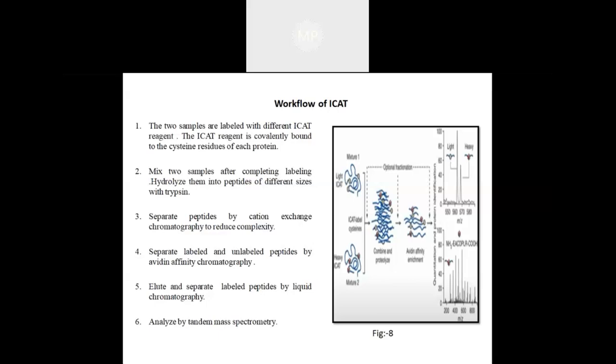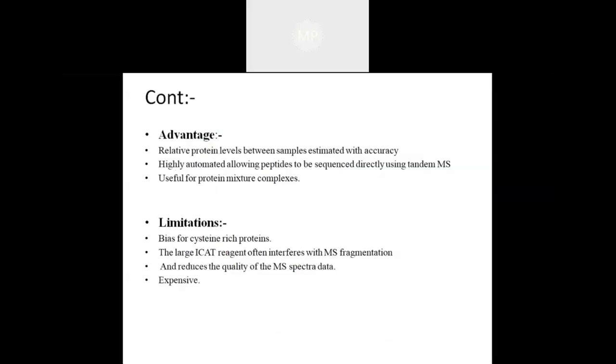After that, we separate the labeled and unlabeled peptides by avidin affinity chromatography, because we know that biotin has a higher affinity to avidin, and the labeled peptides are captured by the affinity chromatography. After that we elute and separate the labeled peptides by liquid chromatography and analyze them by tandem mass spectrometry.